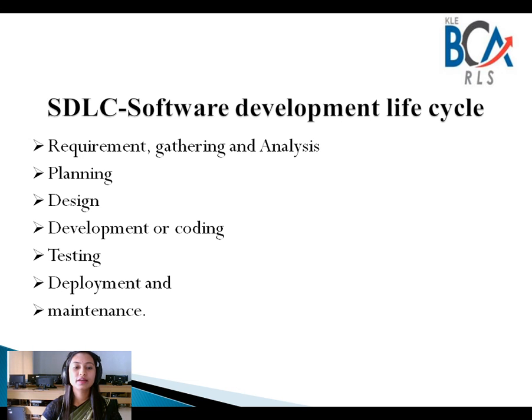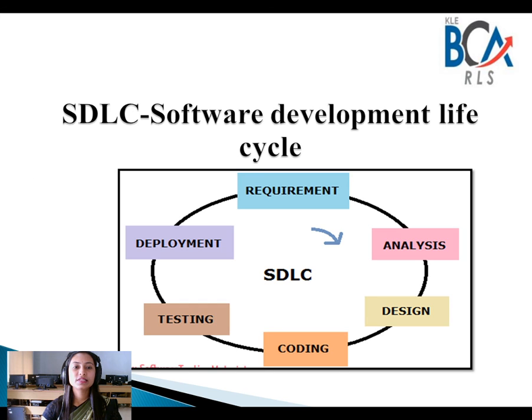That comes under the maintenance stage. Later we will see the diagrammatic picture of the software development life cycle. First, as you see, the requirements phase is there. Next is analysis, then design, coding, and then testing and deployment. Any software while being developed involves all these phases.